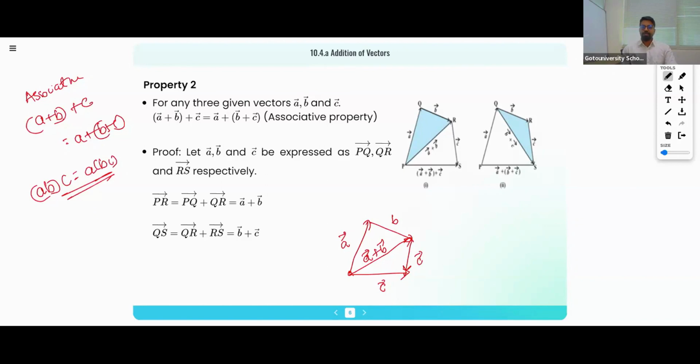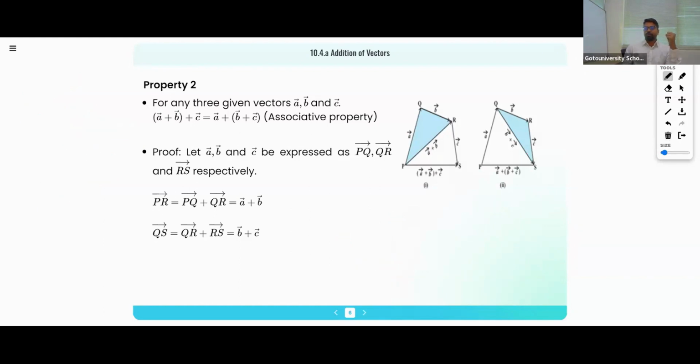In the same way, if you add A and directly add B and C, it can also be written like this. So we can represent it in the triangular method as well. But try to understand that this can be added in any order. It doesn't matter. So there are two things we understood. Vector addition is commutative in nature, and vector addition also follows the associative property.